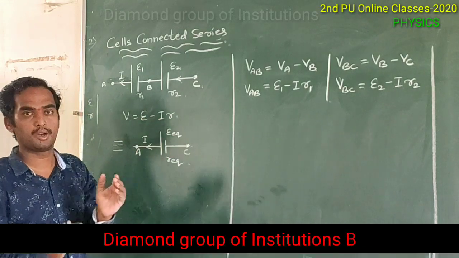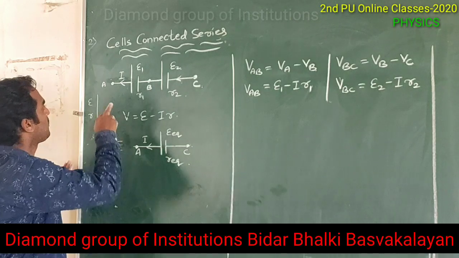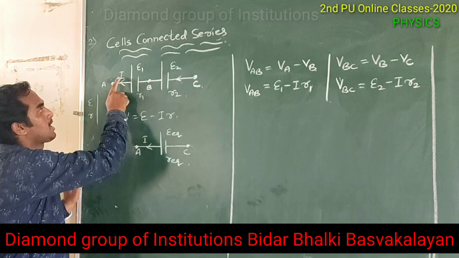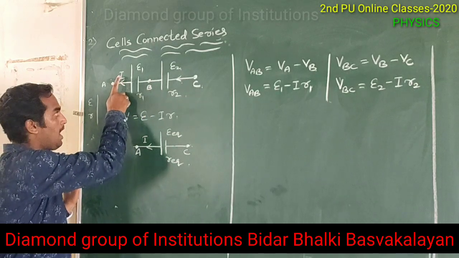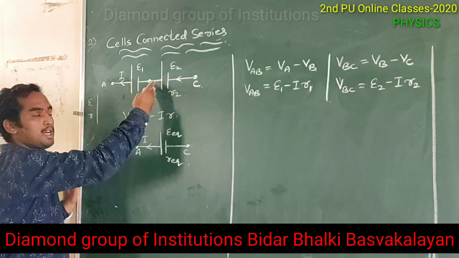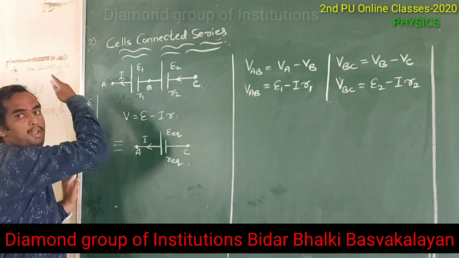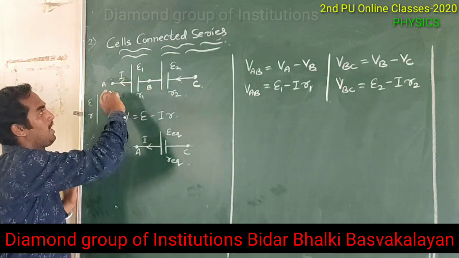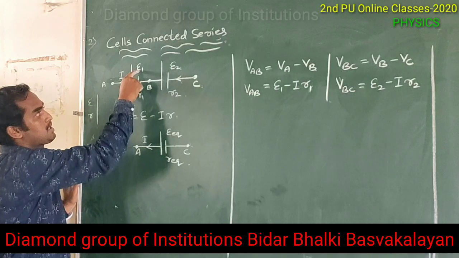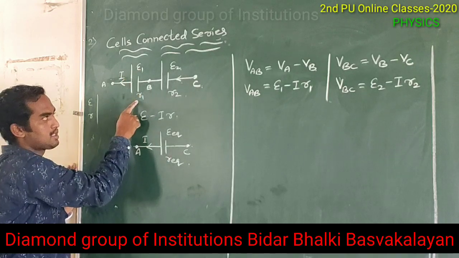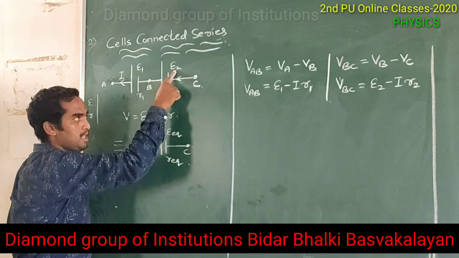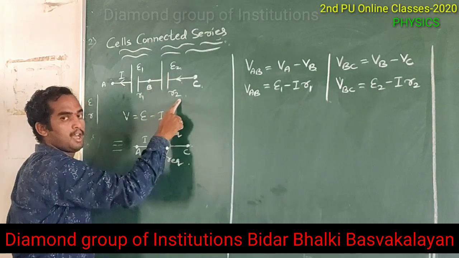First we are going to calculate the potential difference between the two points A and B. The current symbol is I, and this current flows from the negative terminal to the positive terminal, as we can see in the figure. There are two cells: the first cell has internal resistance R1 and EMF E1, and the second has EMF E2 and internal resistance R2.